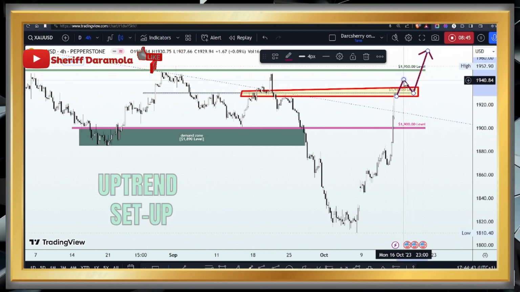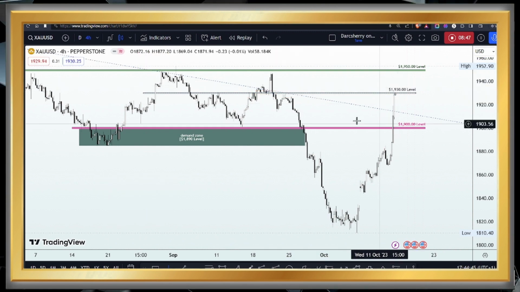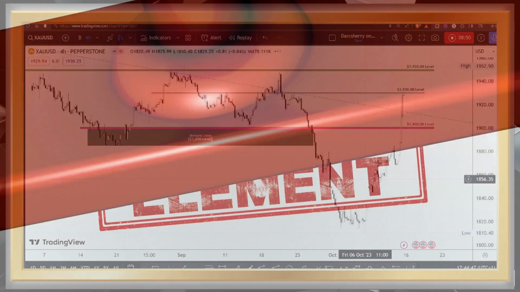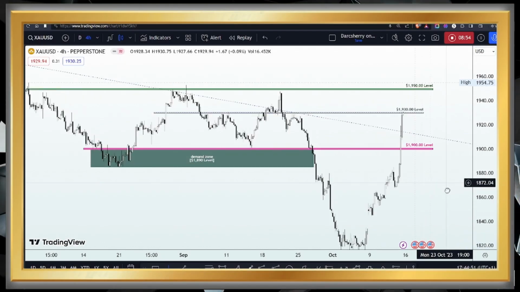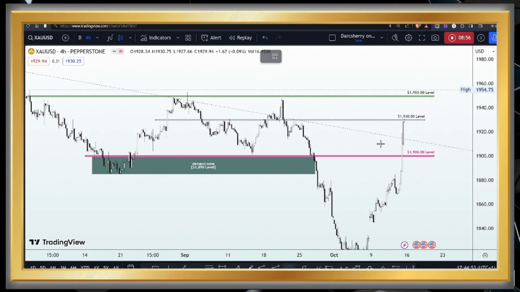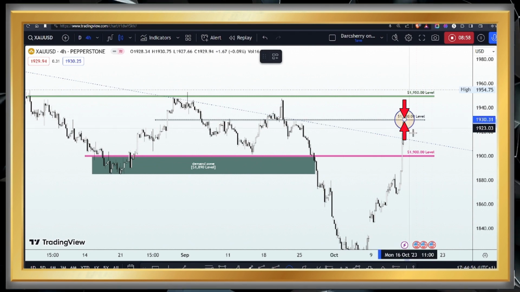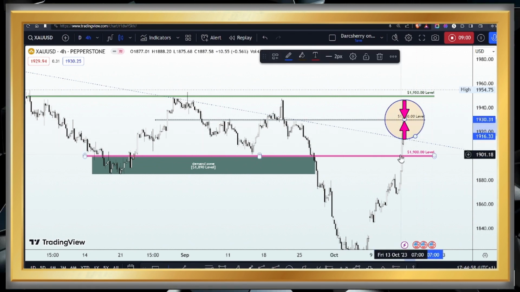So you would agree with me that with the information we have on this chart right now, we are at a crucial juncture in this market where, depending on how participants in the market react to the 1930 zone at the beginning of next week, will determine what our next line of action will be.